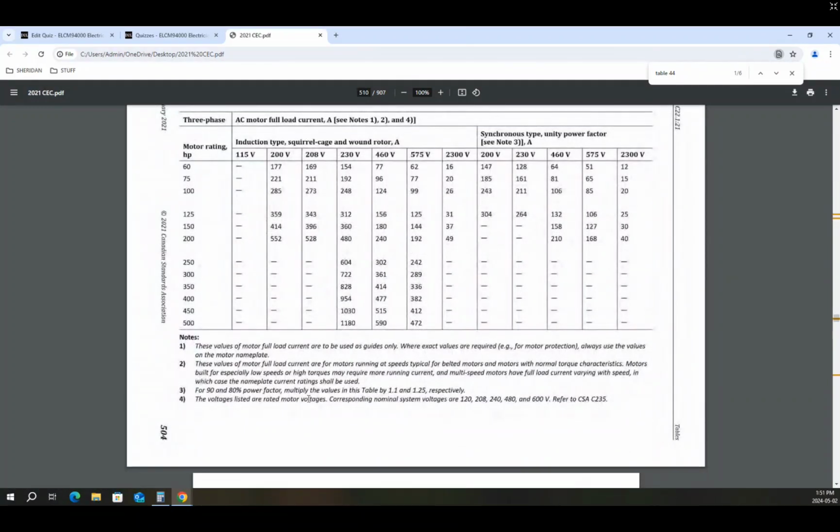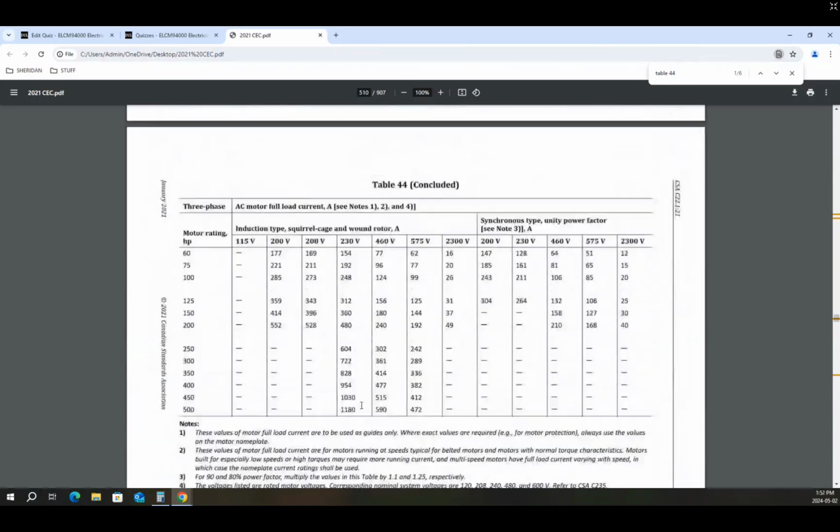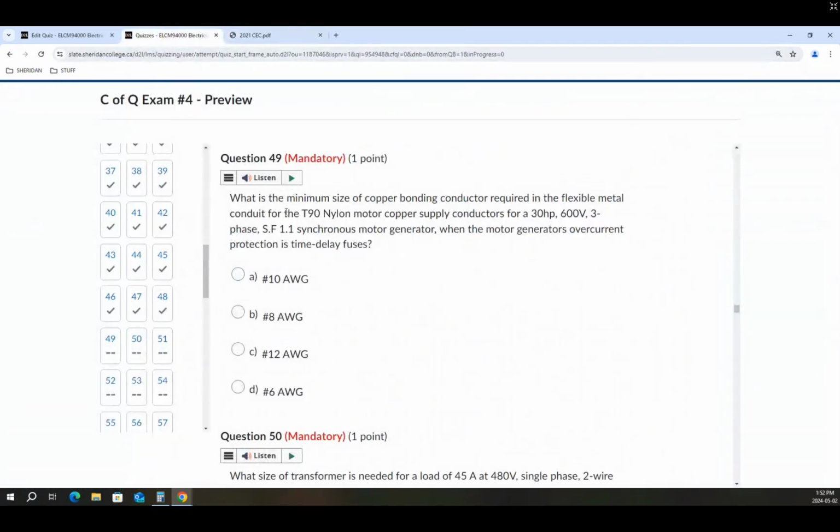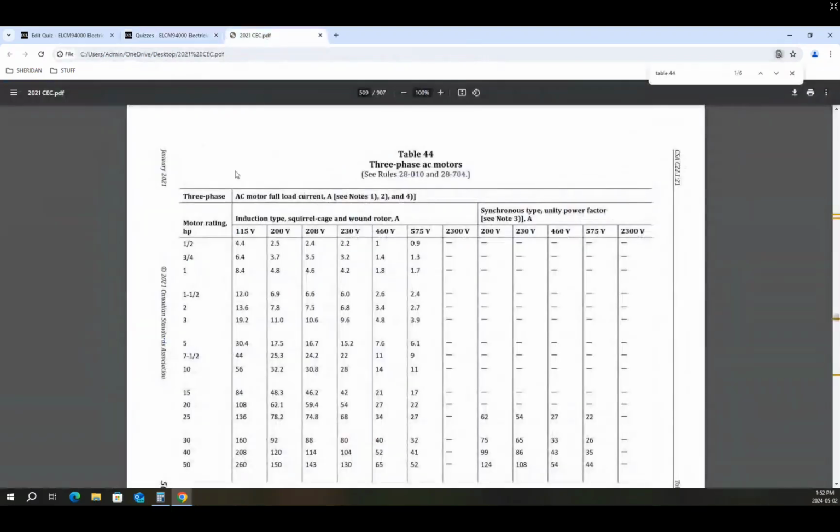For 30 horse, it says that's 32. And my minimum ampacities times it by motor rating.